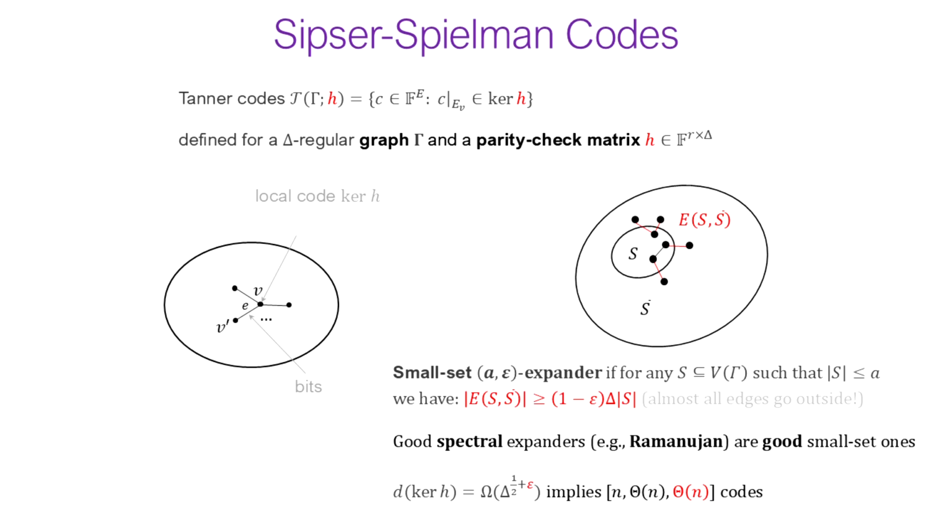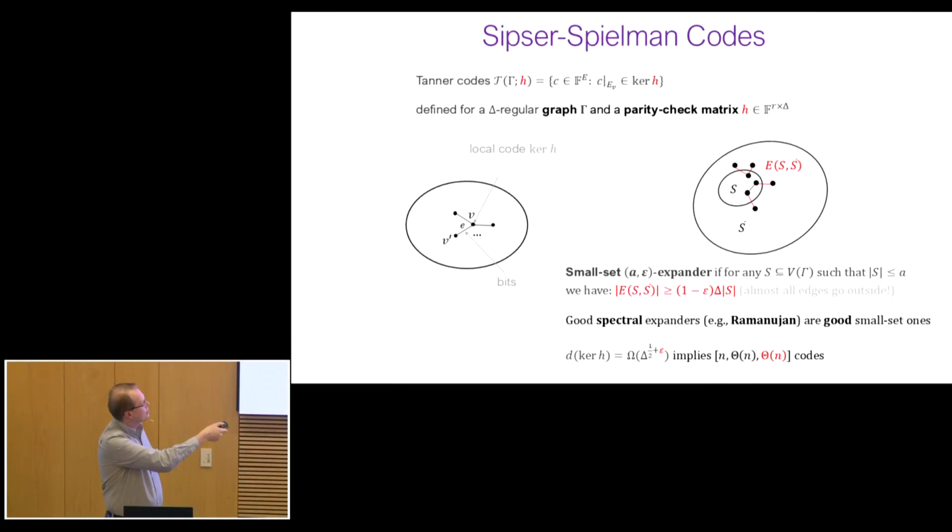If we choose local codes which have distance that grows at least as the square root of delta, the degree of the graph, then you can get asymptotically good classical LDPC codes. Here n is the length of the code, so it's the total number of edges, and delta is the degree of this graph, which is a constant, maybe a small constant.